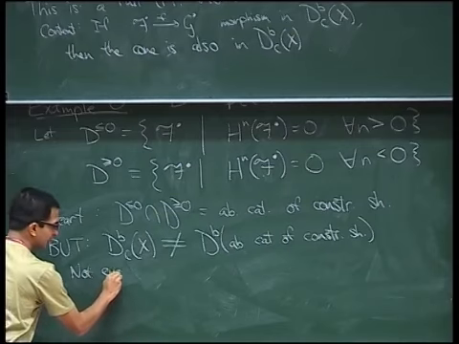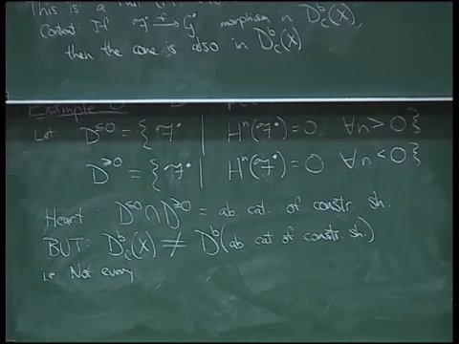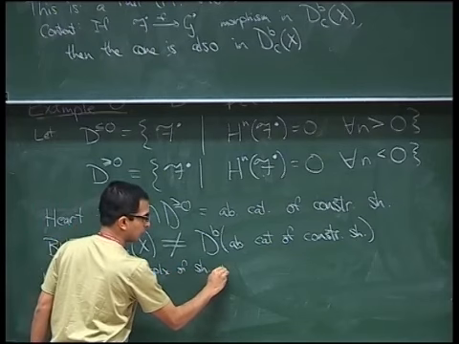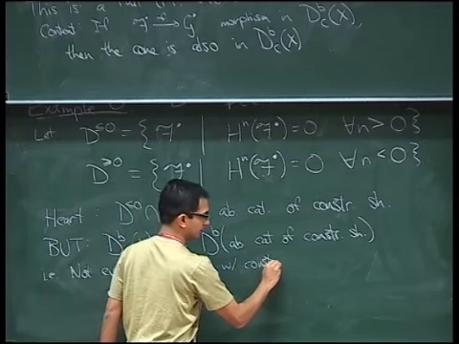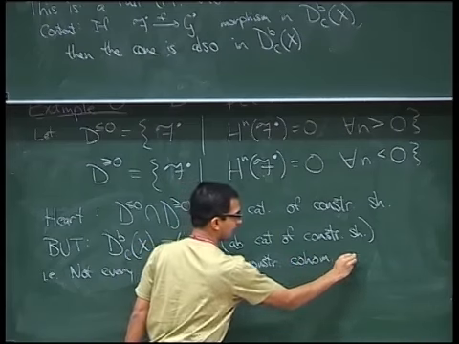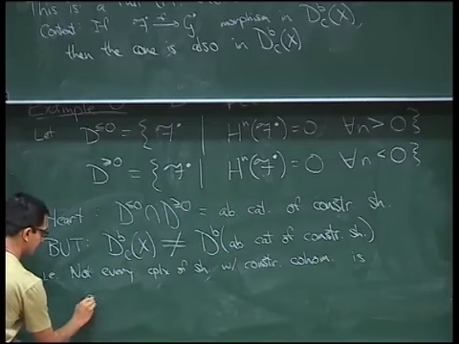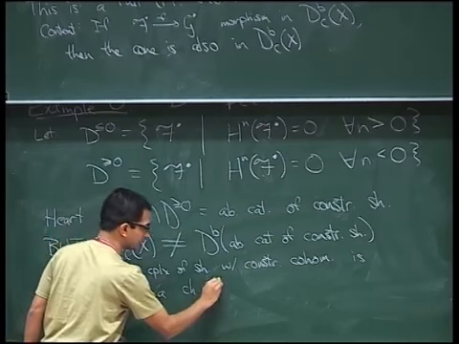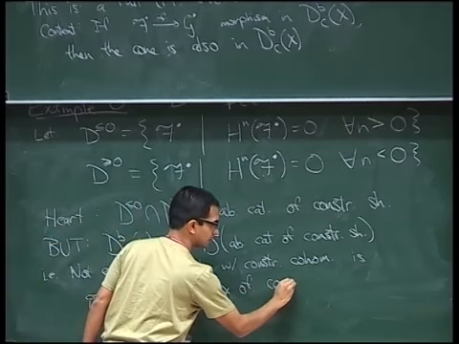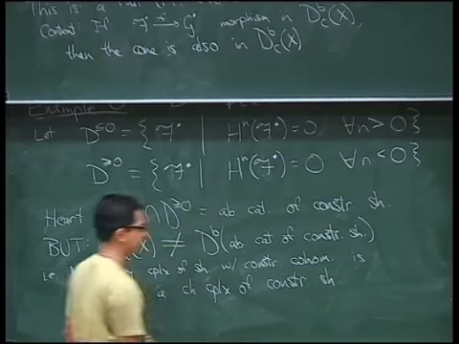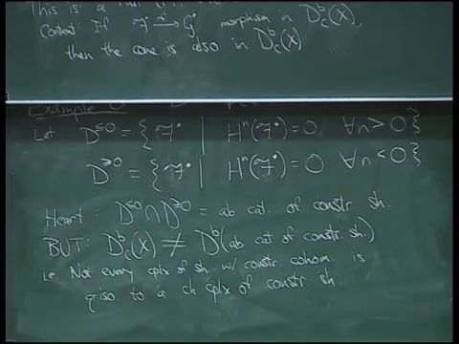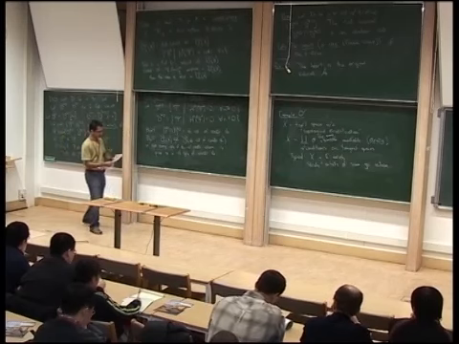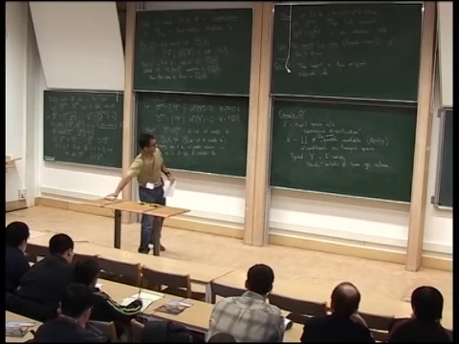To say that these are not equivalent is essentially to say that not every complex of sheaves with constructible cohomology is quasi-isomorphic to a chain complex whose actual terms are constructible. Okay. So anyway, as I said, this is our first example of a triangulated category which is not a derived category.